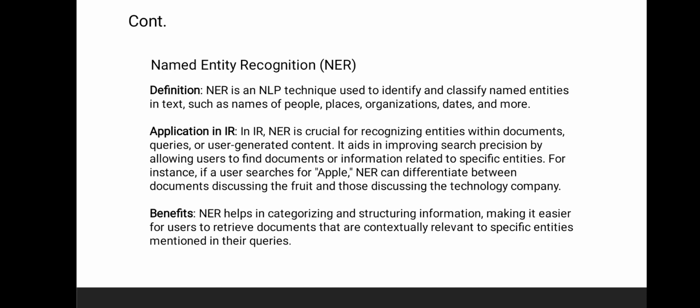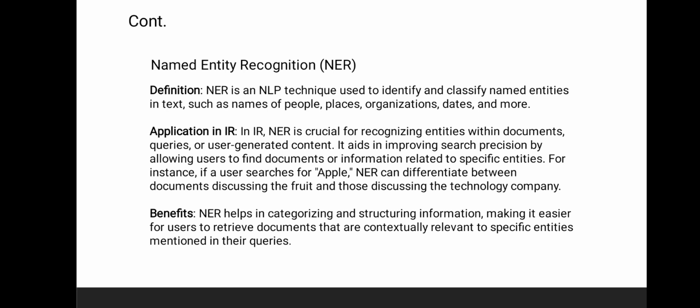Named entity recognition is a subtask of NLP that involves identifying and classifying named entities such as names of persons, organizations, locations, dates, or more within the text.